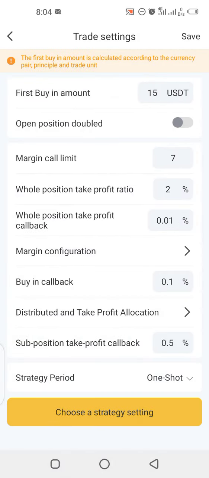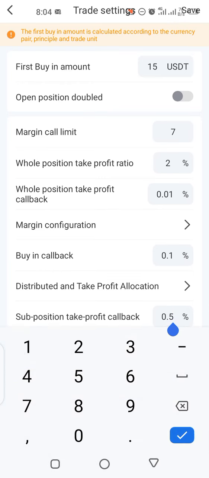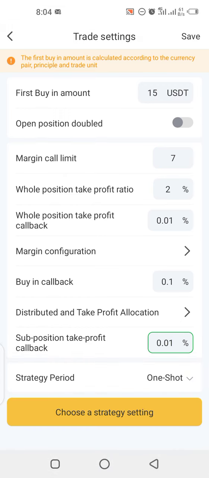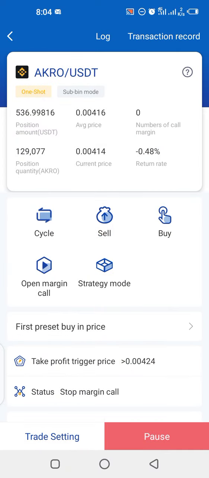Make sure we are on one shot, and this callback can be 0.01, or you can put it to 0, depending on you. Why do I say depending on you? It means you specifically need 1.1, but 0.01 is achievable very fast also. So you save, and you can purely enjoy your trade comfortably.